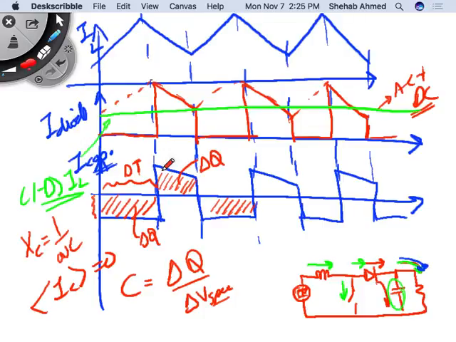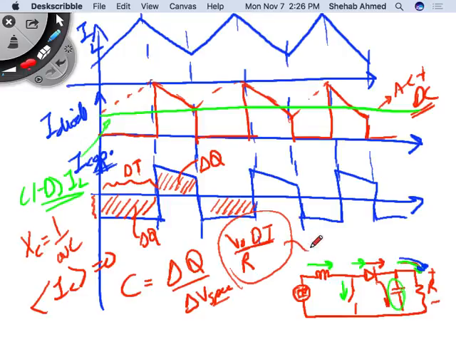What's the average value of load current? Exactly, V naught over R. So the height is V naught over R, because I brought this diode current down by the average value of load current. And the width is the duration, which is D times T. So this will be the delta Q.